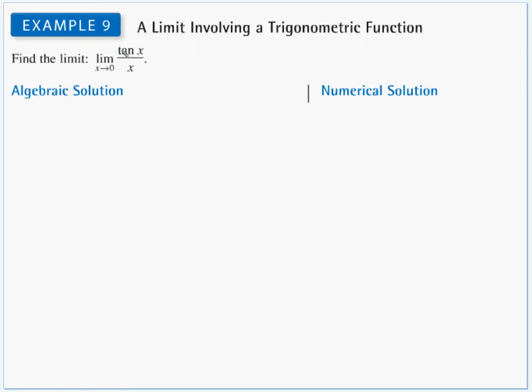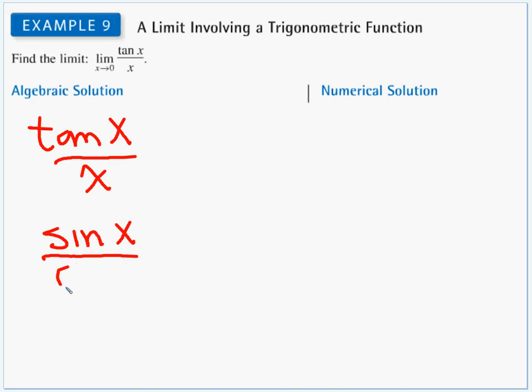We've got tan x over x. Let me just write it here again. Let's just start trying some math that we know. What's another way to write tangent of x? Well, we've done that before. That is sine x over cos x. Now I'm going to switch over ink so we can see, we've still got this divided by x.